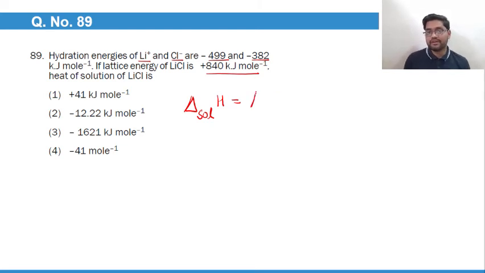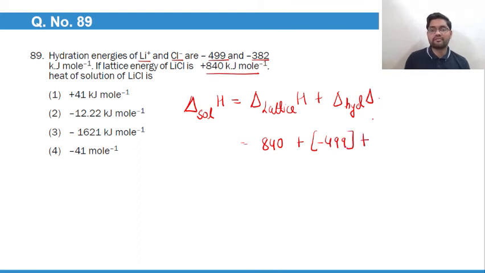So it is lattice enthalpy plus hydration energy. Right? So what is lattice enthalpy? 840, plus what is hydration energy? Minus 499, plus minus 382.